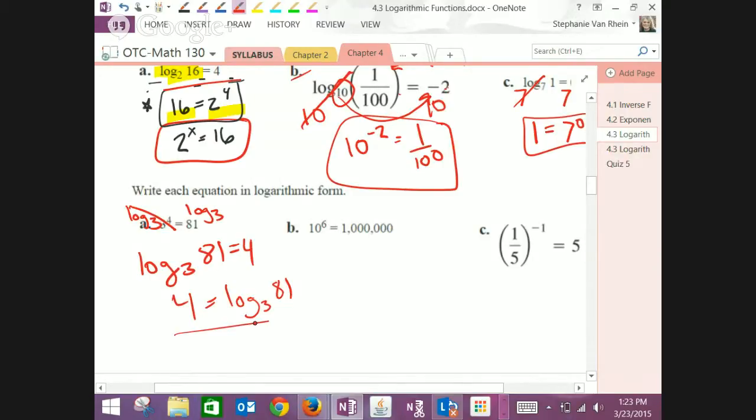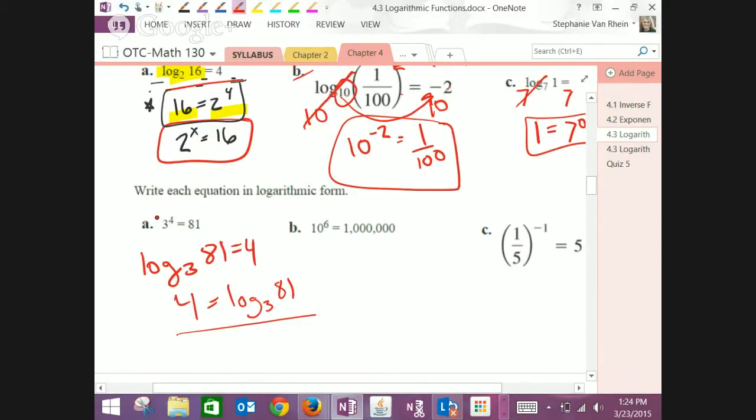I kind of prefer this method because it makes solving equations easier later on, but you could have seen from A that it is log base 3 of 81 equals 4. Log base 3 of this side, log base 3 of this side, that's going to cancel. 4 equals log base 3 of 81. You guys see that? It doesn't matter which order you write it. This is the same thing as this.